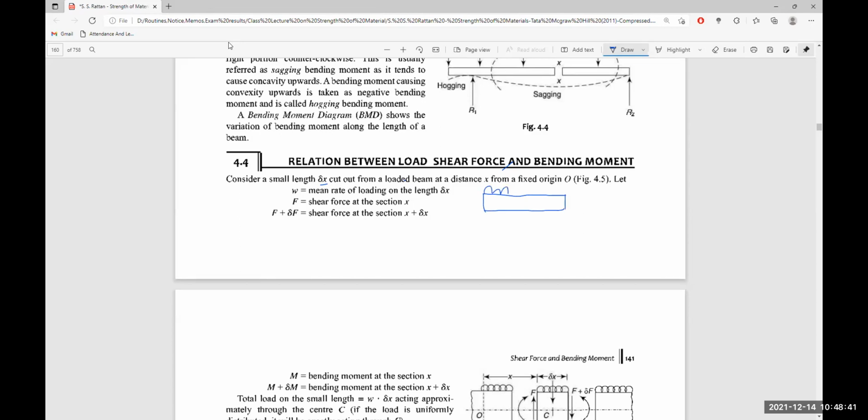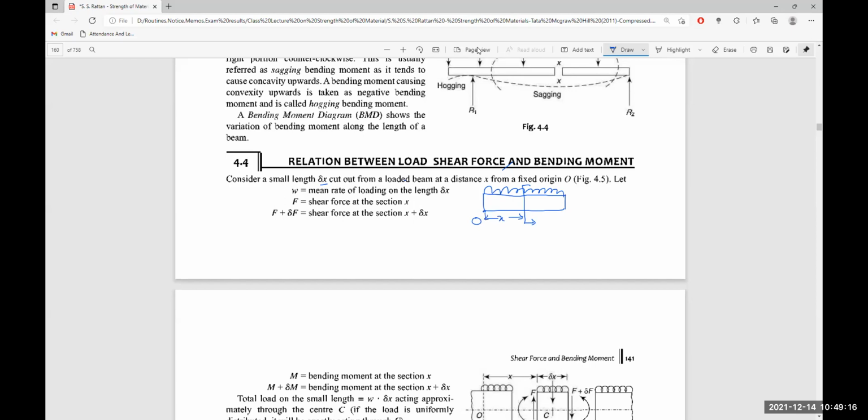It is loaded with a uniformly distributed load, and the mean rate of loading on the length delta x is uniform. It means the load per unit length is equal to omega, and for a length of delta x it is also the same. So we take a section at a certain distance, and O is the origin here, and x is the distance from the origin.